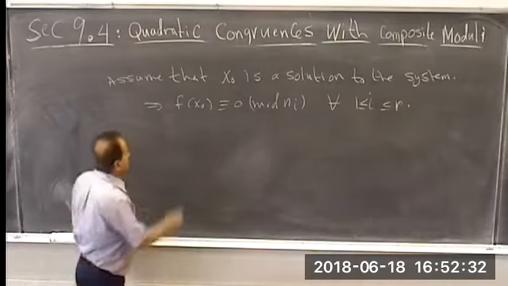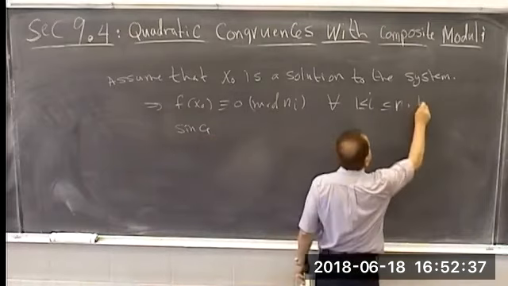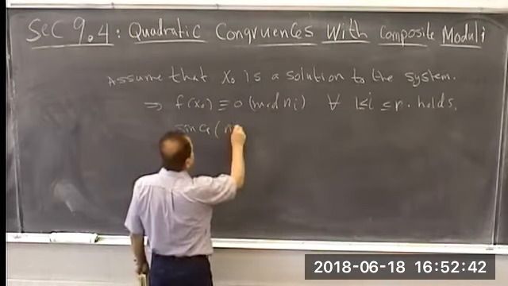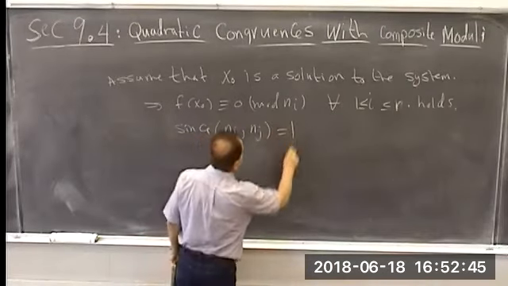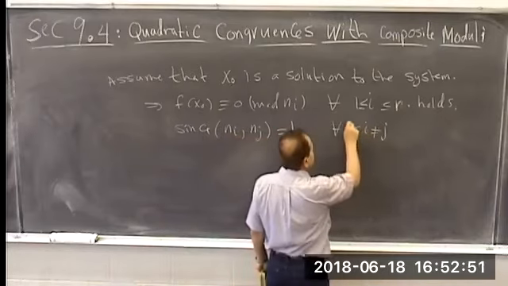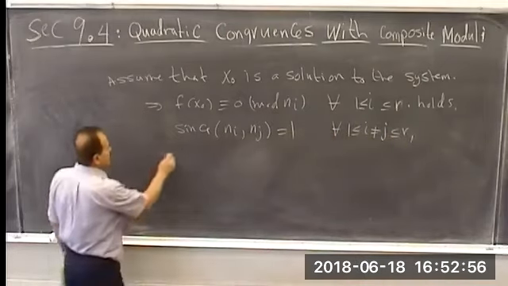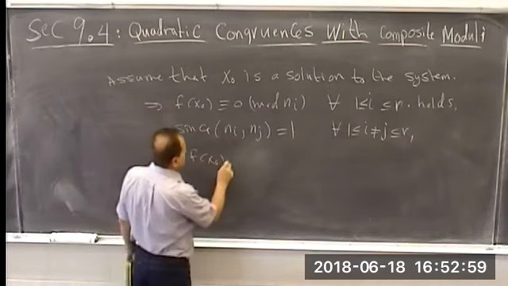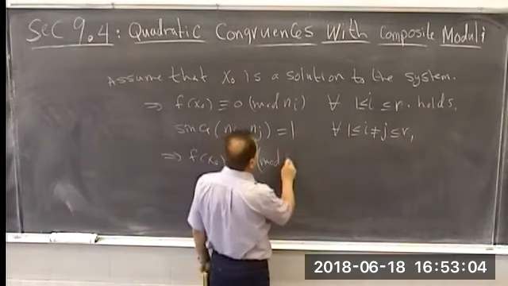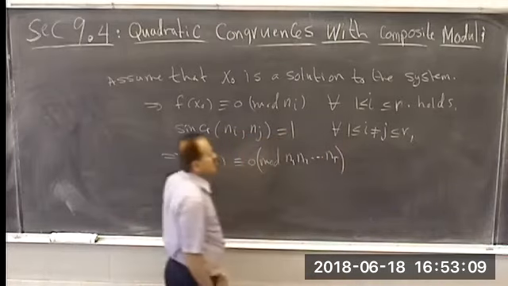Now, since this one holds, all right? Since these n sub i and n sub j are relatively prime, for every i not equal to j, by the properties of congruences, we have f of x sub 0 is congruent to 0 mod the least common multiple, which is going to be just n.